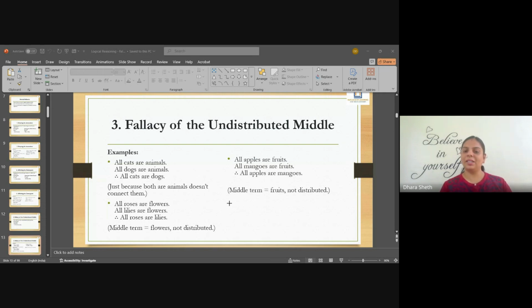Now here, the middle term, that is fruits, is not distributed. So again, this becomes the fallacy of the undistributed middle. Clear with this? Okay.